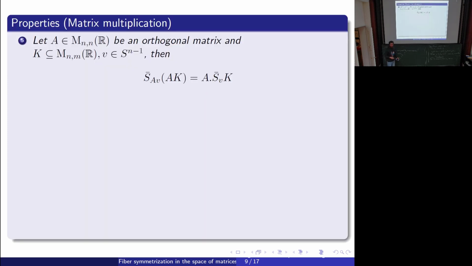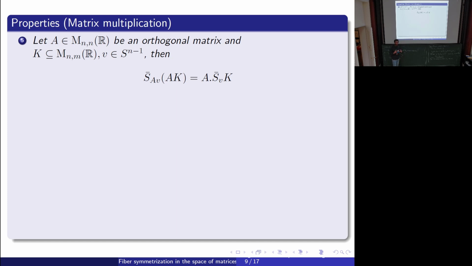Okay, these are the good properties. It gets along very well with matrix multiplication. So first, from the left, if you have an orthogonal matrix, it happens what you expect. Then, if you take a body and you rotate the body, here A is an orthogonal matrix of size n times n.